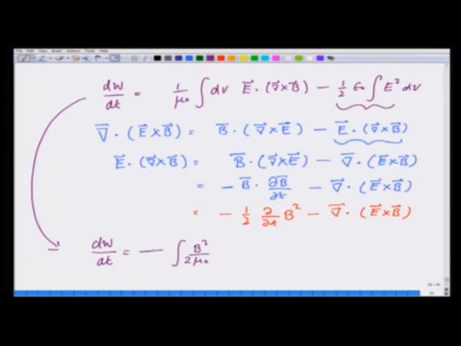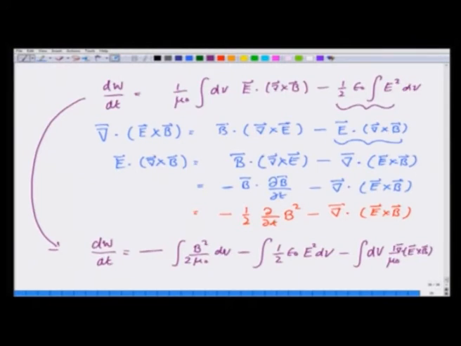This is minus dV, minus again 1/2 epsilon 0 E square dV. So, I have taken care of those two terms that give me magnetic and electrostatic energy, and then I have finally minus integral dV 1 over mu 0 divergence of E cross B. So, I have gotten these three terms.